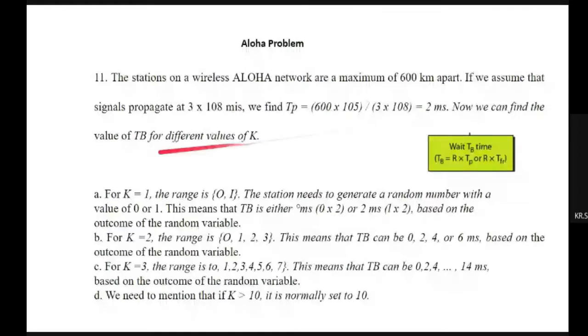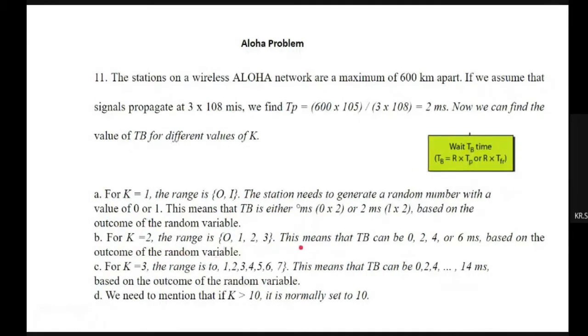And for the different K values, we can change the K value and apply the formula R times Tp. K equal to 1 means the range is 0, 1. If K is equal to 2, the corresponding range is 0, 1, 2, 3.